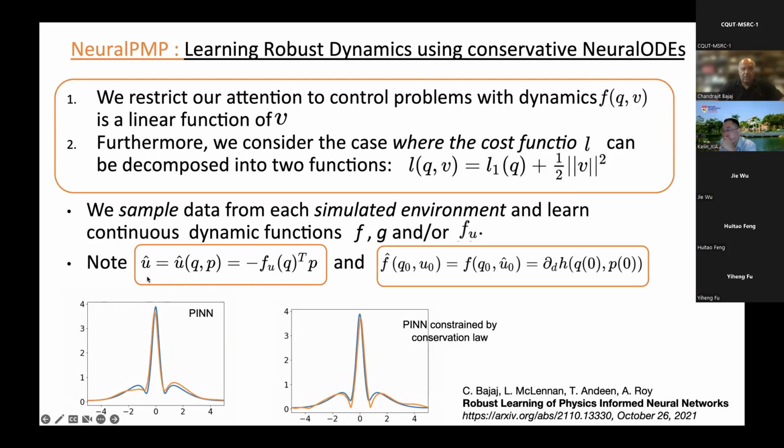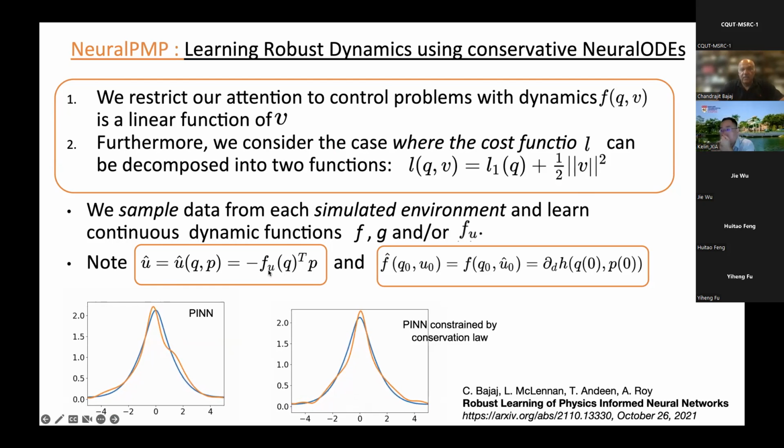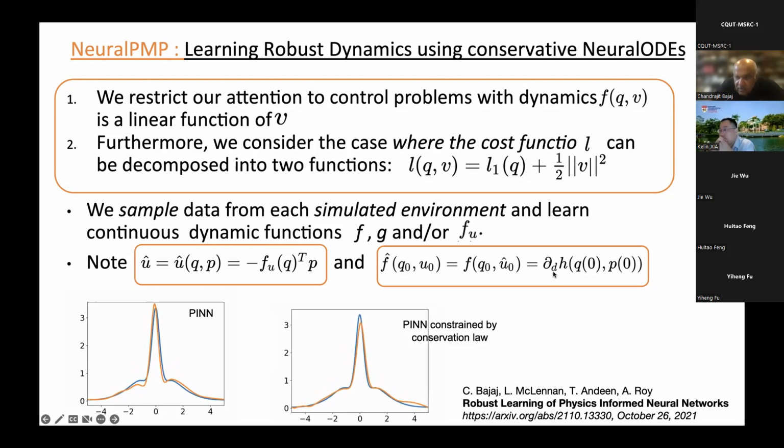So that U hat and F hat are related to the state and co-state. This is the derivative of the unknown function F with respect to your control, and F hat is nothing more than the gradient of the reduced Hamiltonian. That should have been not D, but Q.